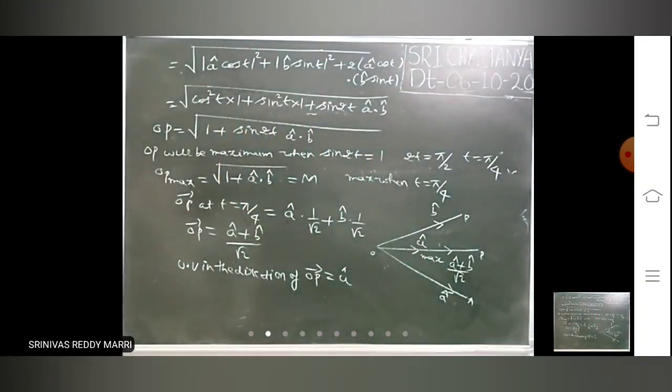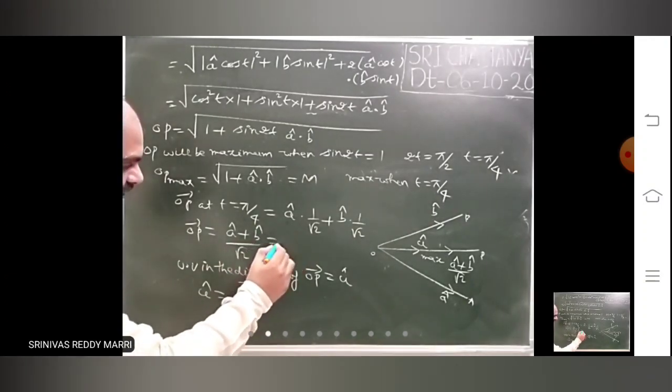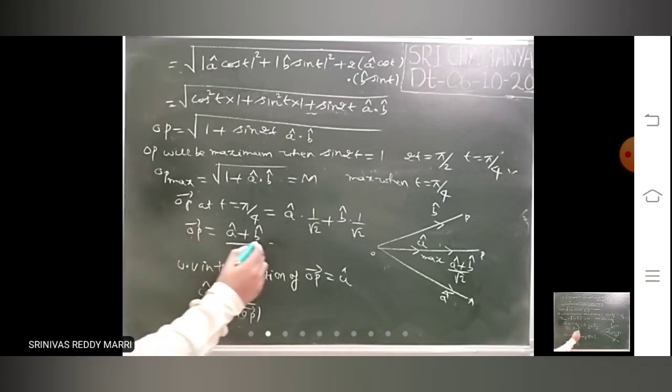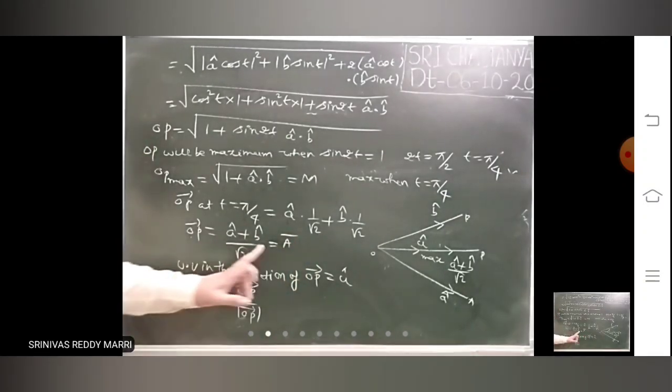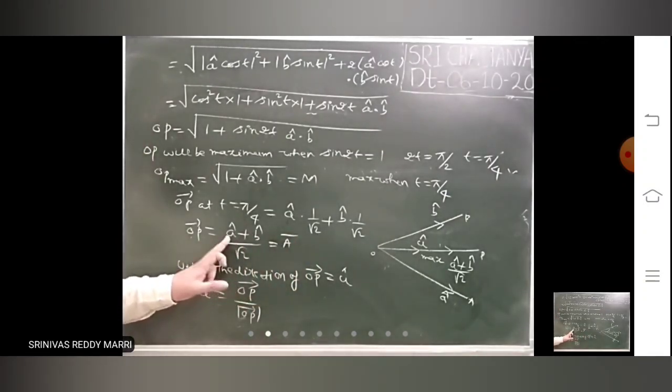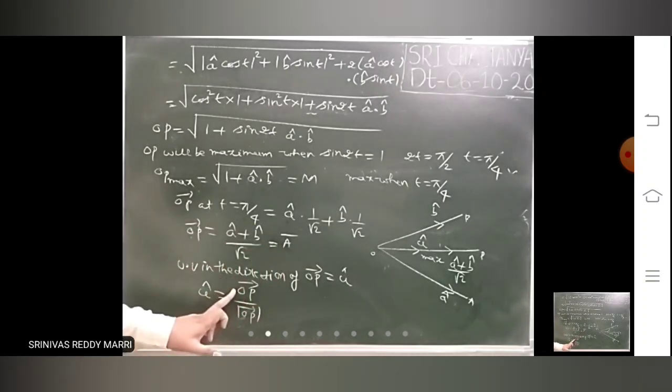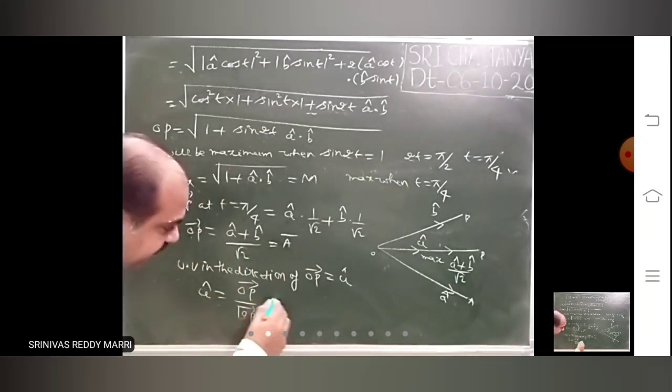So what is the unit vector in the direction of OP bar? In the direction of OP bar means OP bar divided by, if this is one vector, suppose let us say capital A bar. If this is A bar, then the unit vector along A bar is A bar divided by modulus A bar.